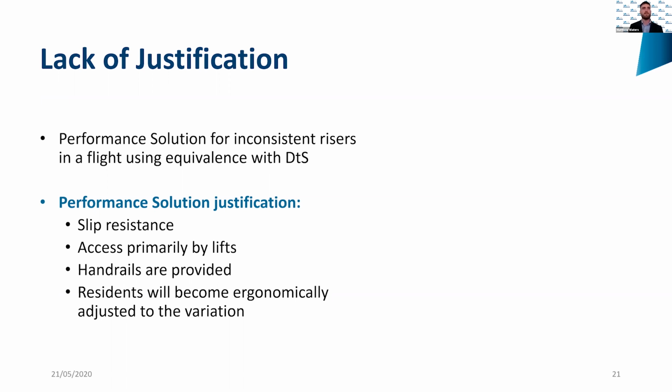There was also the 4th claim, which is that residents will become adjusted to the variation. Now, besides the fact that this would require repetitive use and what would happen if they fell down the first time they used it, this was really where the ability to justify the claims of equivalence was possible, and it wasn't really recognised or documented in a way that was sufficient.